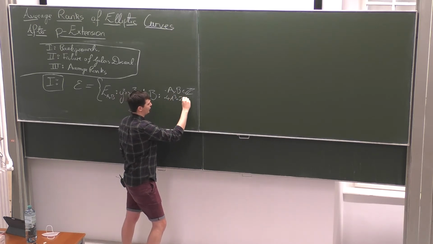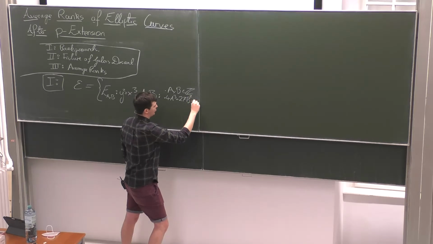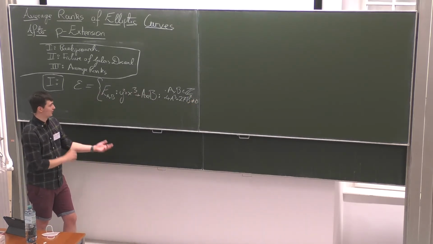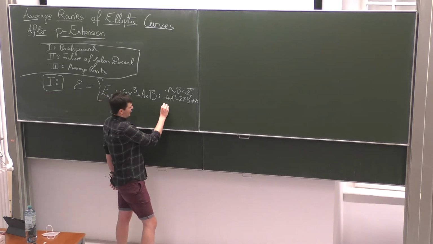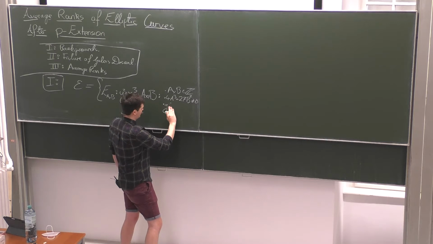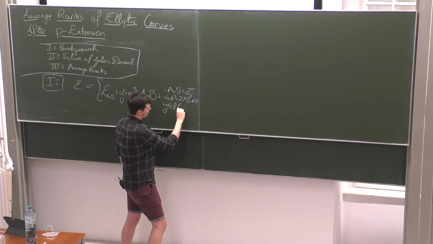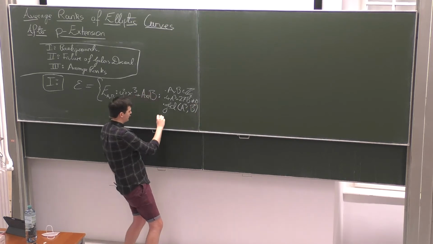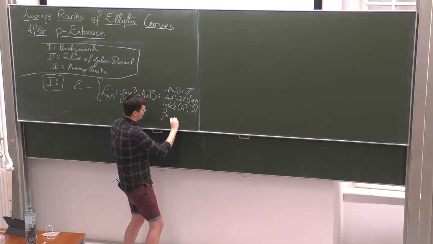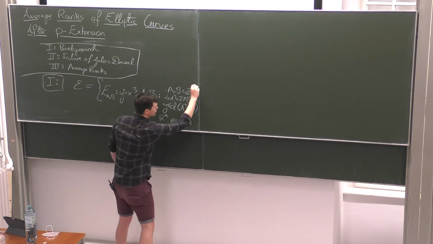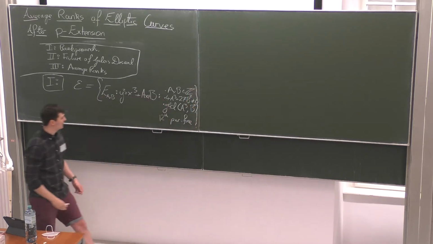So 4a cubed plus 27b squared can't be 0. So at this point we have a collection of smooth cubics, elliptic curves. And then finally we'll require that the greatest common divisor of a cubed and b squared needs to be 12th power free.